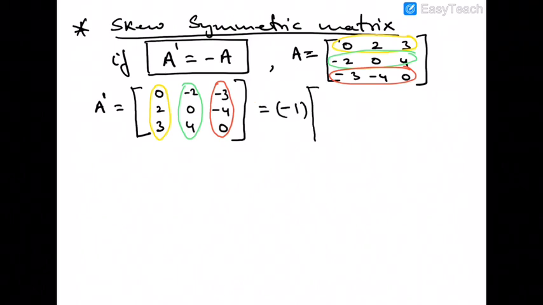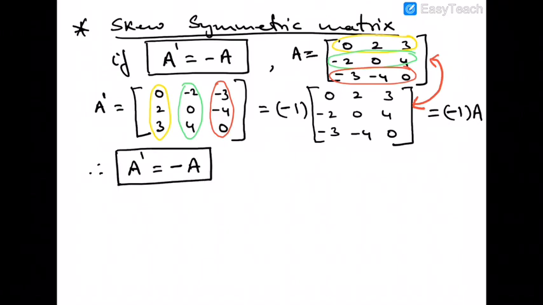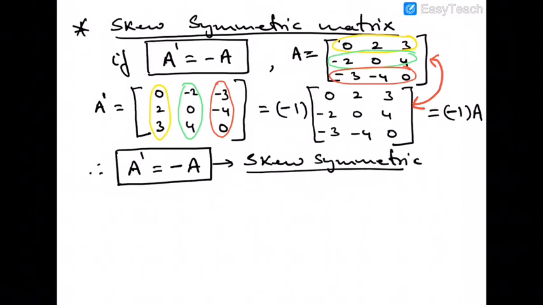Now if we take minus 1 common, then we will get 0, 2, 3, minus 2, 0, 4, minus 3, minus 4, 0, and that is equal to A. So we can write minus 1 times A. So therefore the transpose of A is equal to negative A. So we can say that it is a skew symmetric matrix.